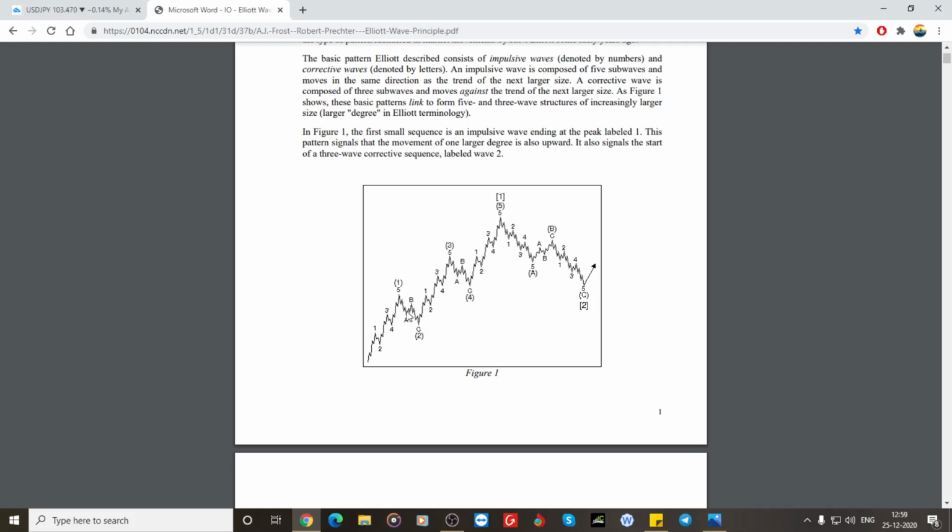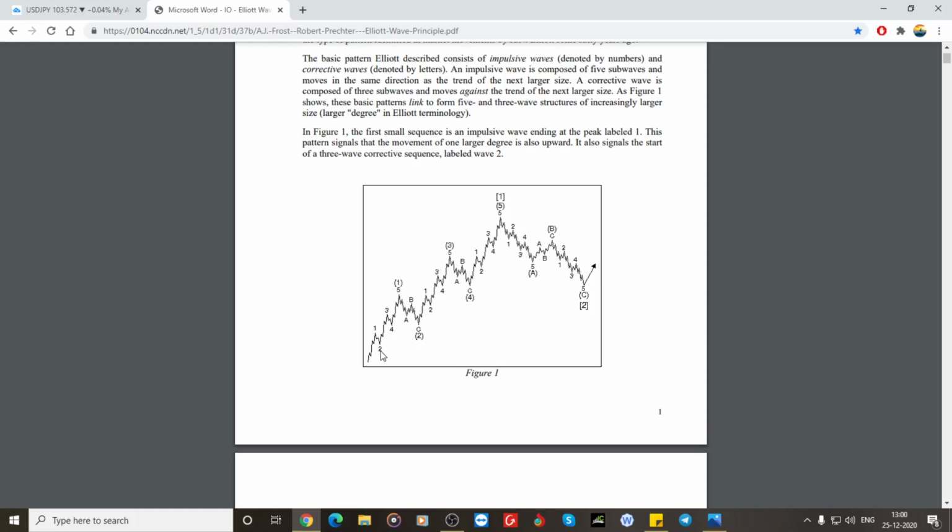It depends upon how the correction makes. So this is wave 1, and wave 2 contains a three-wave structure as a correction against this trend. After that, this is the continuation trend, third, and again the fourth wave, and again the fifth wave.